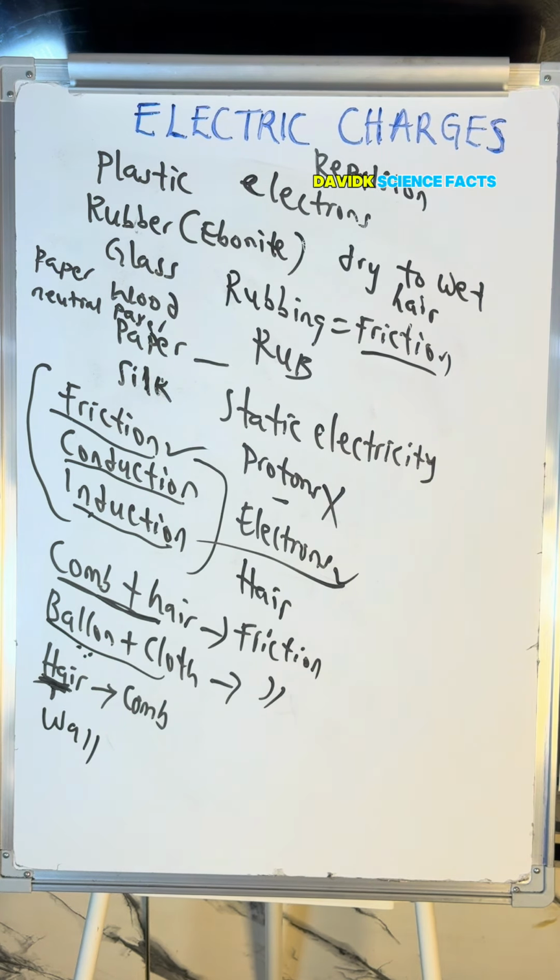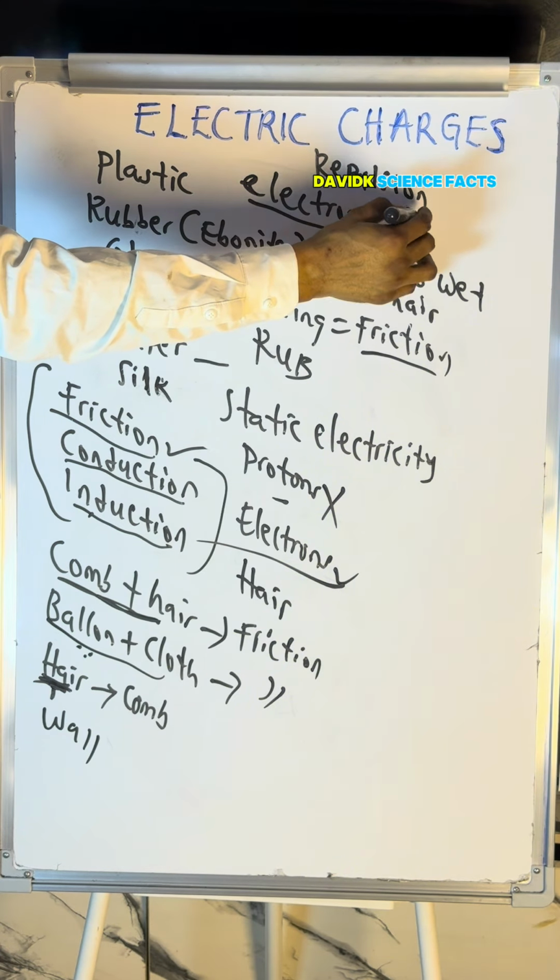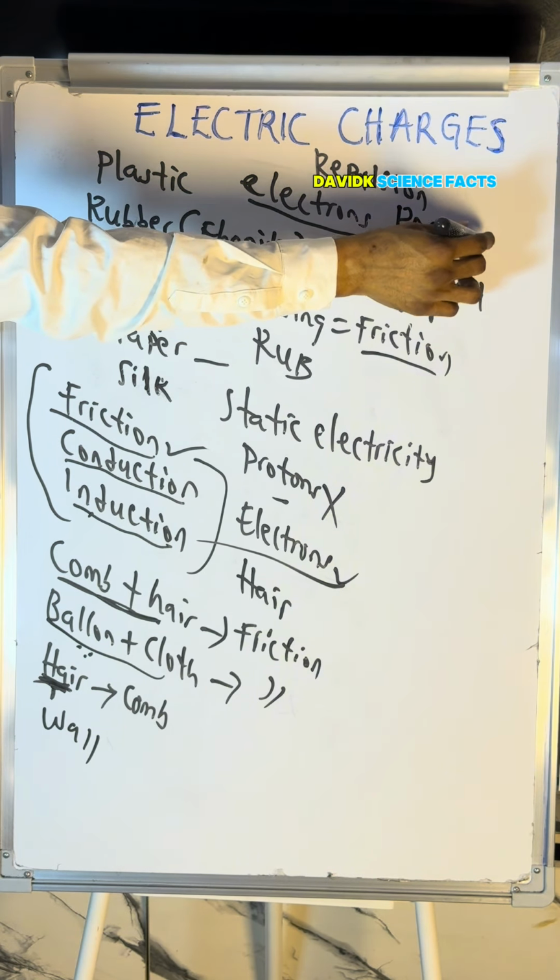That's why the effect is stronger, and why static electricity is more noticeable in dry weather. Note, the object that gains electrons becomes negative, while the object that loses electrons becomes positive. Please take note of that.